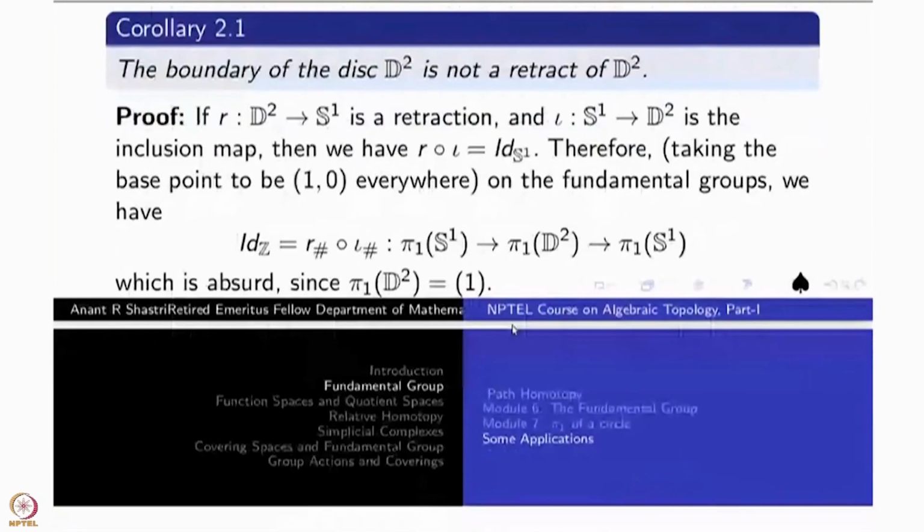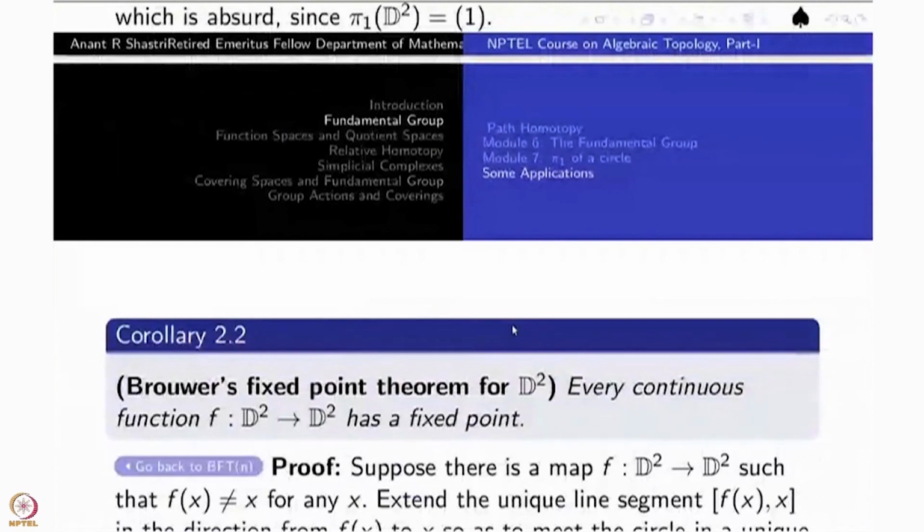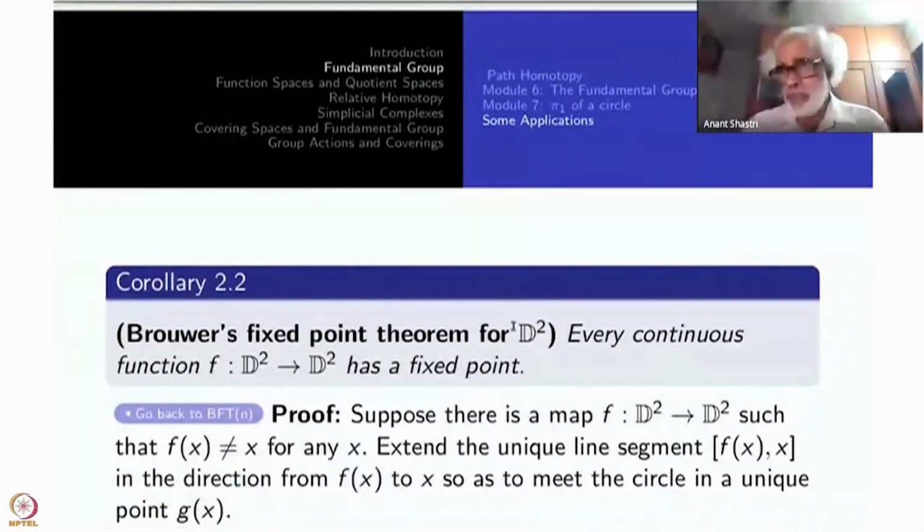Okay. Let us see how to get a very good theorem out of this, namely Brouwer's fixed point theorem. So this corollary was a step towards that. Brouwer's fixed point theorem says that for any disk, a continuous self-map has a fixed point, which you have studied for the closed interval 0, 1 or any closed interval AB in your real analysis course by just using the intermediate value theorem.